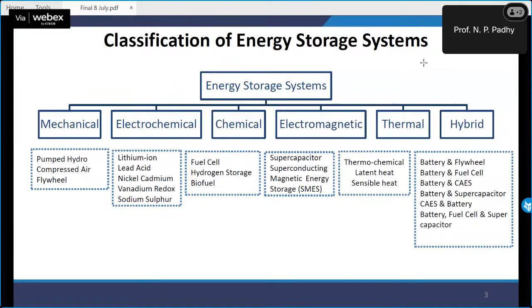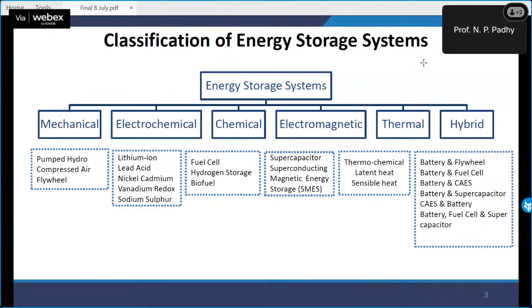So once again, energy storage systems are majorly divided into mechanical type, electrochemical type, chemical type, electromagnetic type, thermal type, and hybrid type. Mechanical type includes pumped hydro, compressed air, and flywheel. Electrochemical includes lithium ion, lead acid, nickel cadmium, vanadium redox, and sodium sulfur.